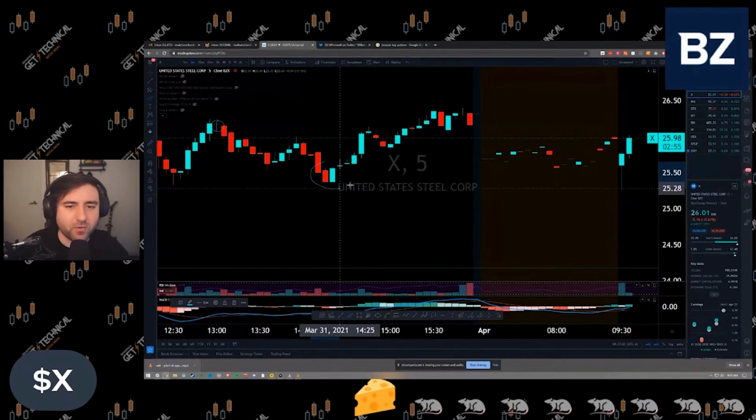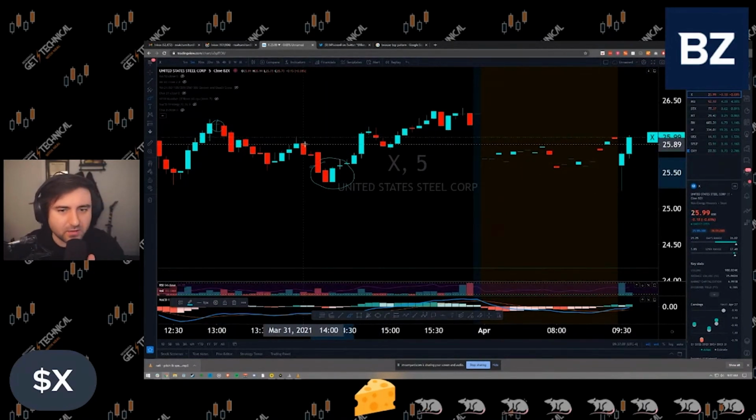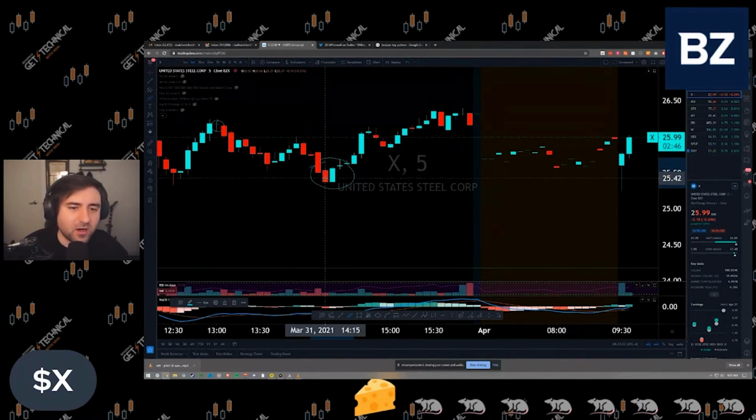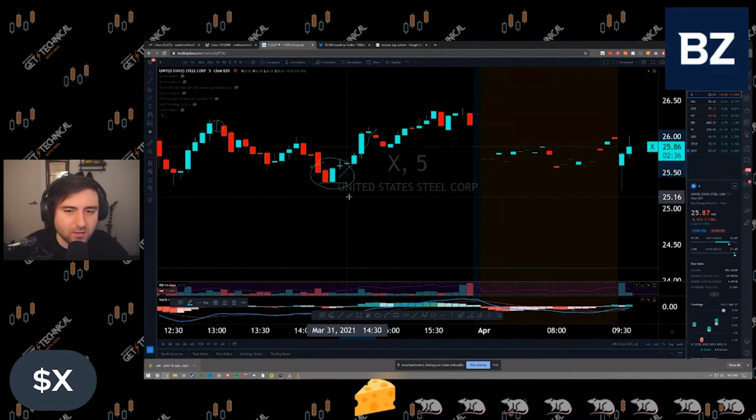But this is where I really started paying attention, because I was like, this thing is red for the day. This sucks. And so I went down to the 5 minutes right about here. And then I saw these two candles, which are support at the same level with this engulfing green candle. And so that told me reversal to the upside.